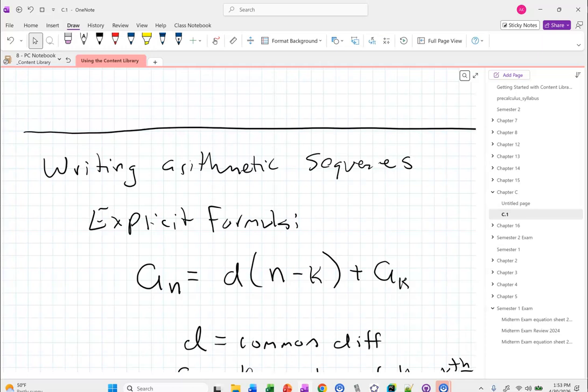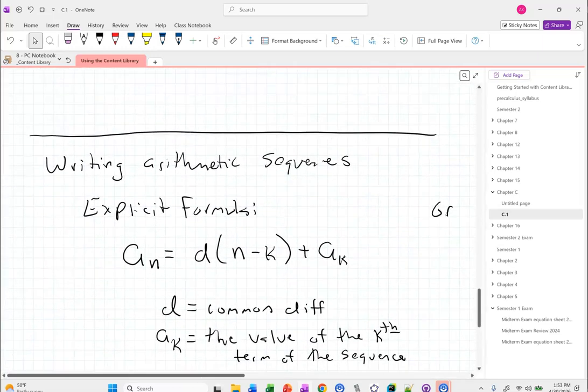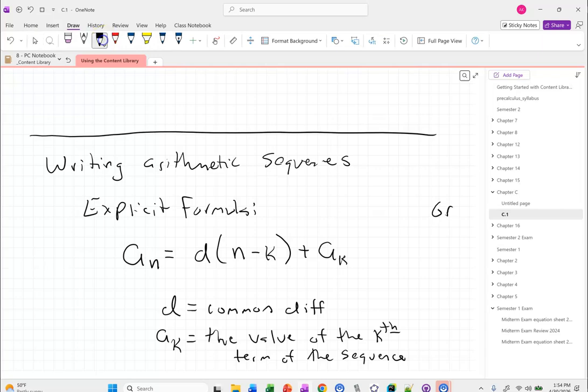So the explicit formula for an arithmetic sequence is a sub n equals d times the quantity n minus k, plus a sub k, where d is the common difference and a sub k is the kth term of the sequence. Everybody's okay there? I guess we should say maybe k comma a sub k.